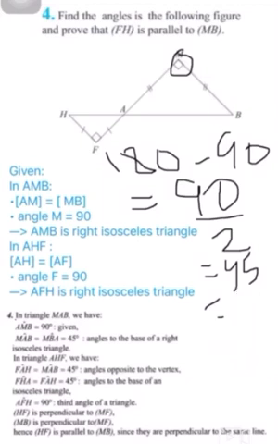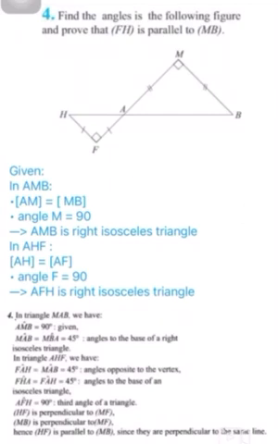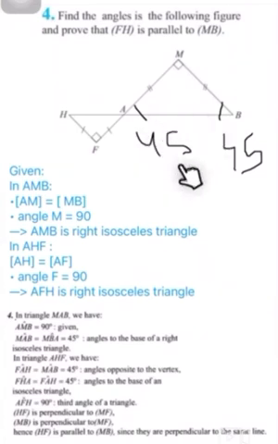So in this way, we find angle A and angle B. Okay, so this angle is equal to 45 and this angle is equal to 45. We can check: 45 plus 45 plus 90, the sum of these three angles, is equal to 180 degrees.